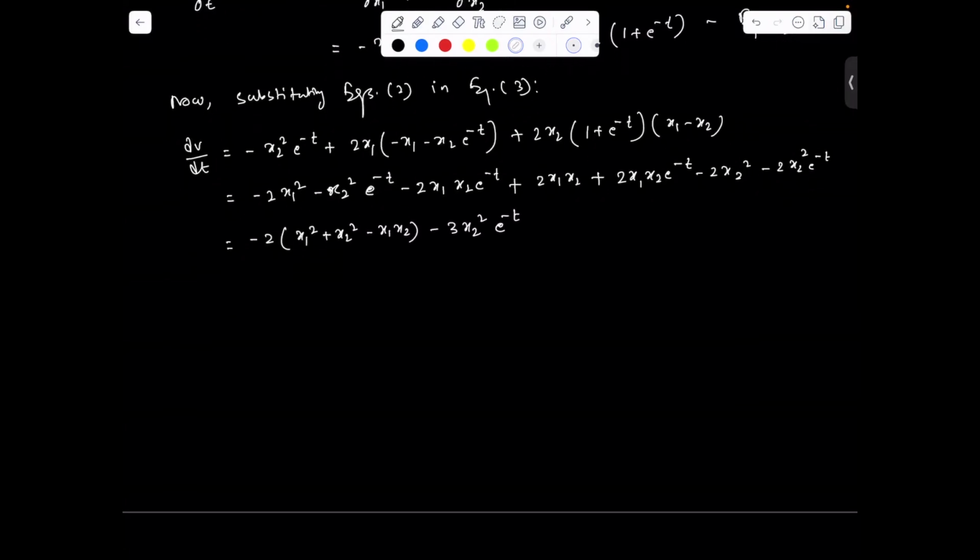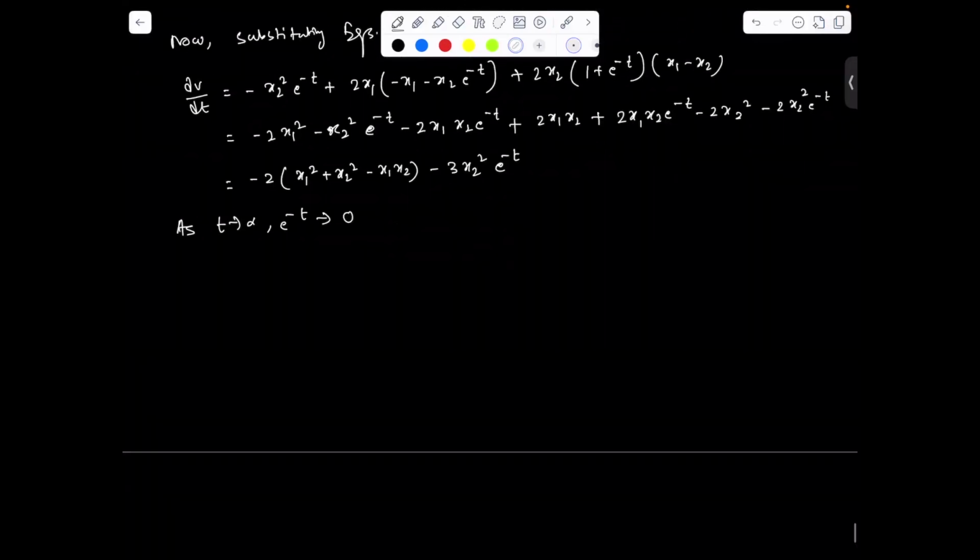So from this expression, we'll take the exponential part because in dV/dt the exponential part exists there. So here as t tends to infinity, e to the minus t goes to 0. That is obvious. Using this condition, we can see how the energy is decaying over time.